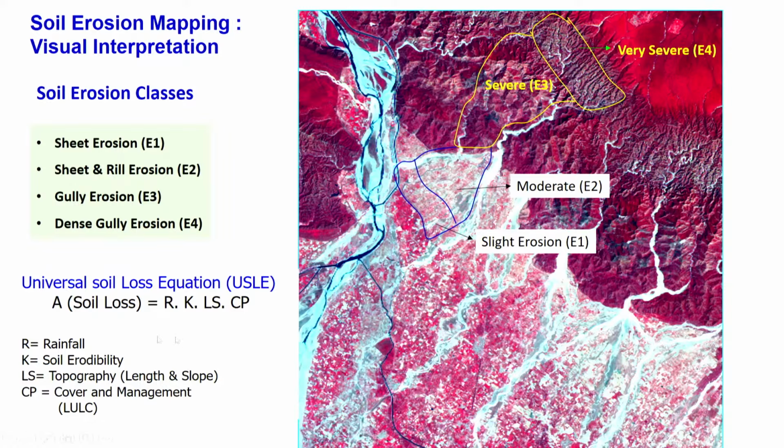It is described in this equation: soil erosion is governed by R, rainfall, K, soil erodibility, LS, the topography factor, where L is length of the slope and S is slope steepness, and CP, the cover and management practices. These five factors govern the erosion in your area, and we can interpret them directly in remote sensing data and map the erosion classes by visual interpretation methods itself.